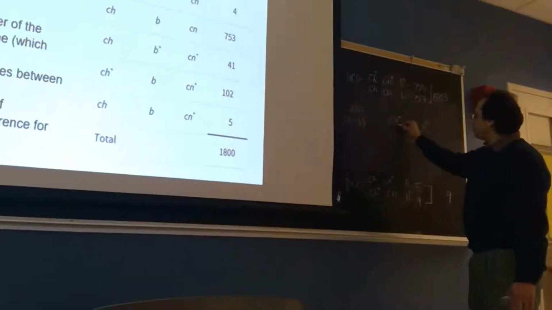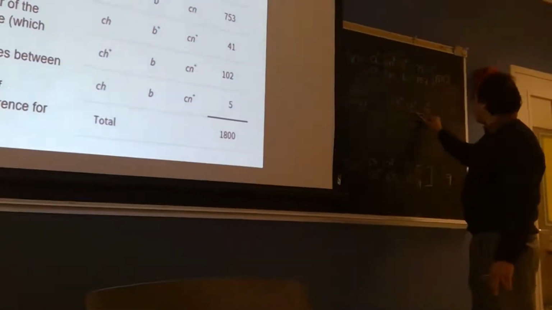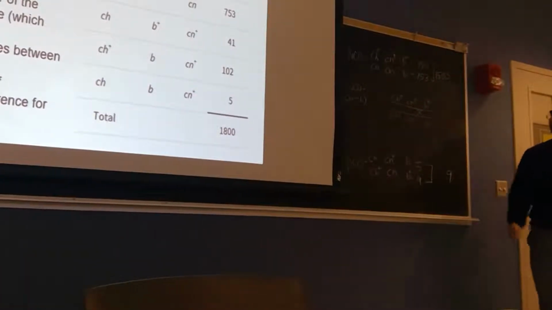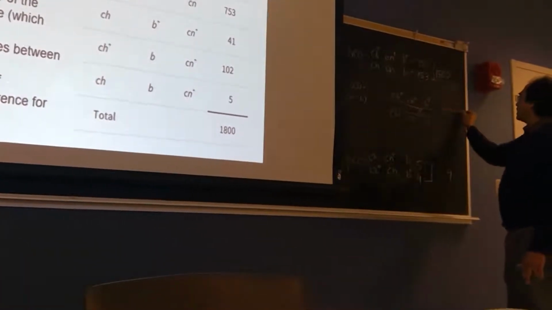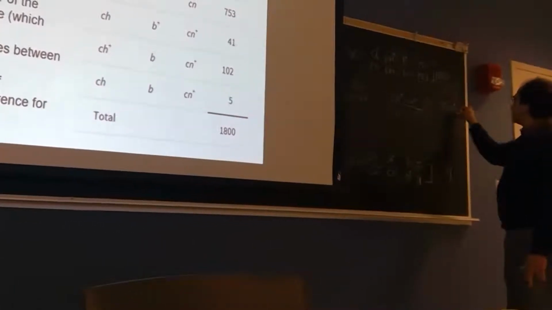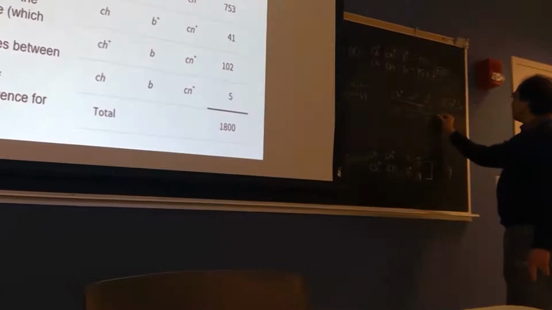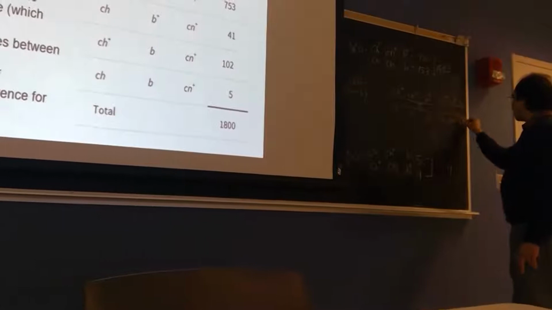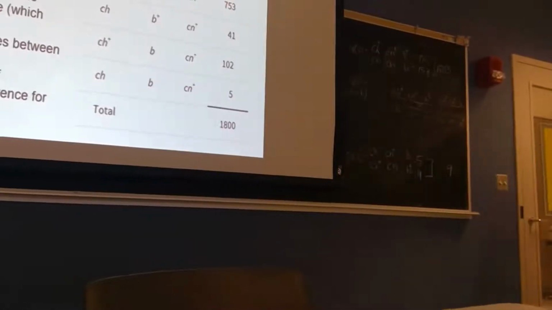Okay, so single crossover between Cn and P here, right? If it is here, then the resultant will be CH plus, Cn plus, and P will be here, and CH, Cn, and P plus will be here. Right?